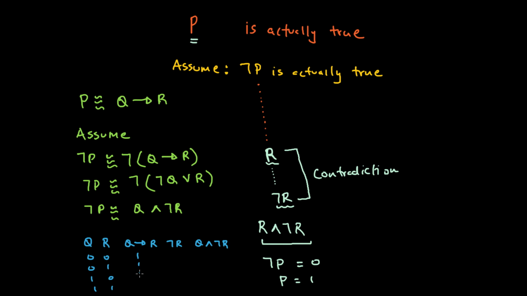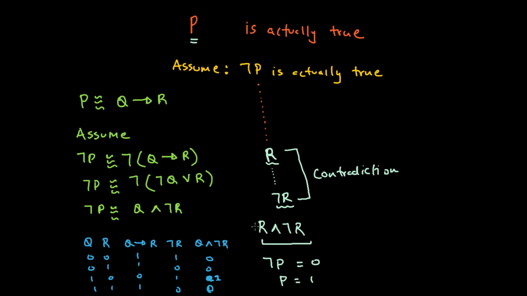Not R becomes 1, 0, 1, 0. Q and not R is then 0, 0, 0, and 1: 0 and 1 is 0, 0 and 0 is 0, 1 and 1 is 1, and 1 and 0 is 0.